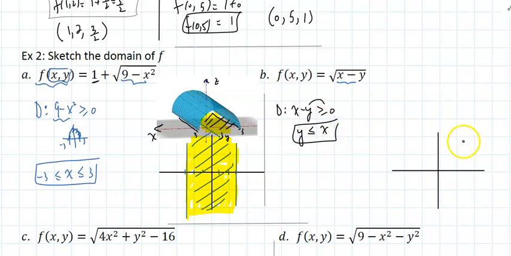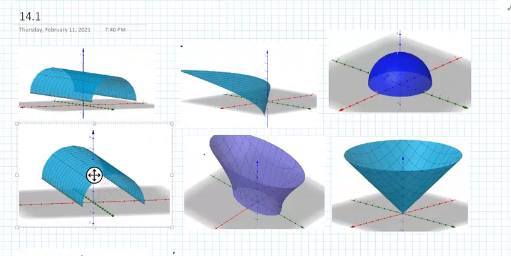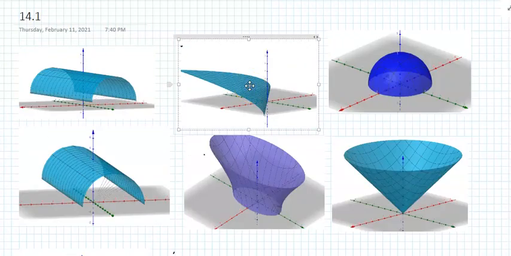Y equal x is a solid line cutting at 45 degrees. Y is less than, don't you shade below? So the domain would be any value beneath that line. And I sketched a graph of the 3D for that as well to show you how it looks. And this is what it looks like.